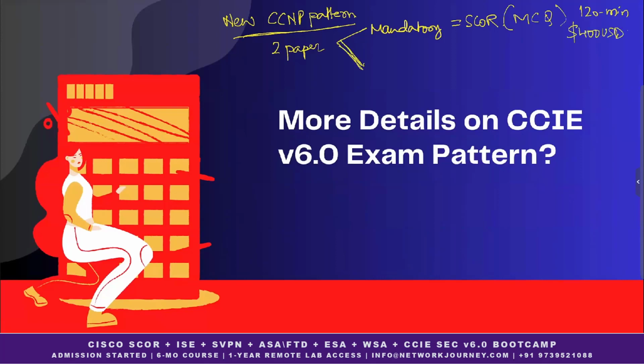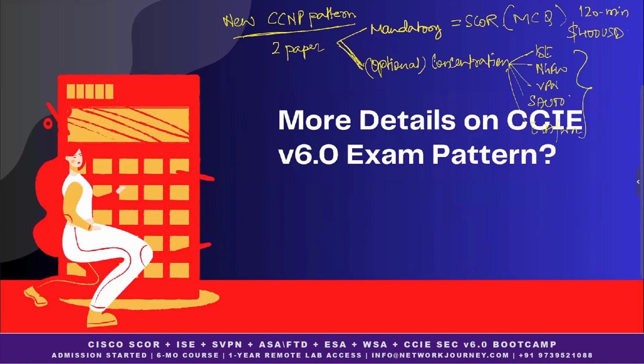And then you have the optional paper, which I also call the concentration paper. You can pick any one from it. You have around 6 to 7: ISE, next-gen firewalls, VPNs, one automation topic, ESA, WSA. This is your choice, whatever you want. If you clear this, you are CCNP certified.